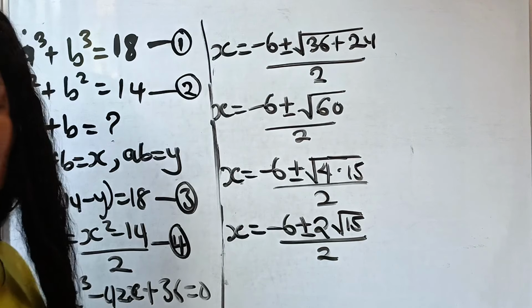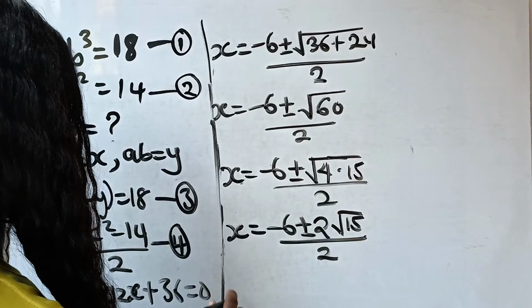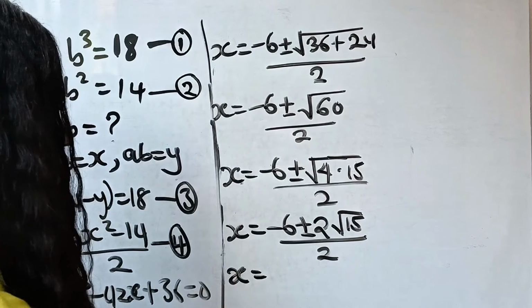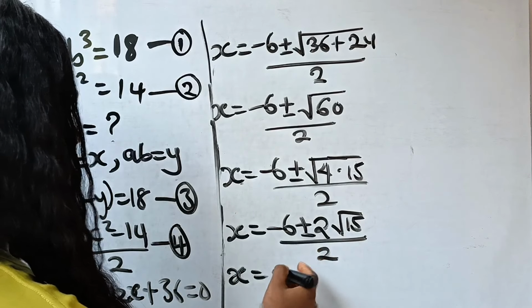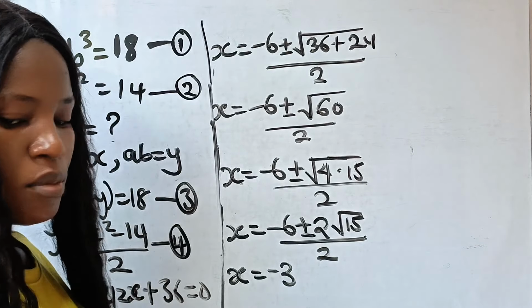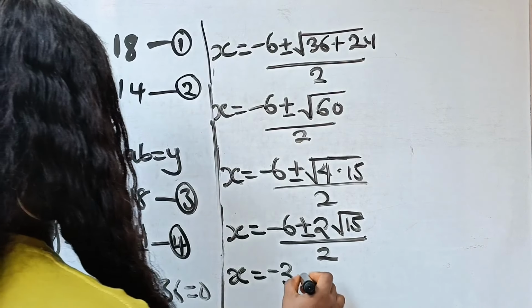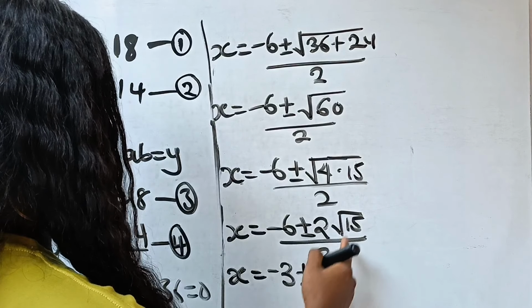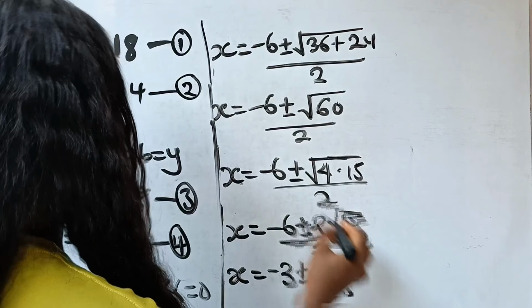So at this point, we have that x is equal to minus 6 divided by 2, which is minus 3, plus or minus 2 divided by 2, which is 1, so we are left with root 15.